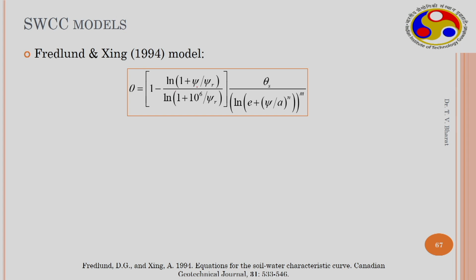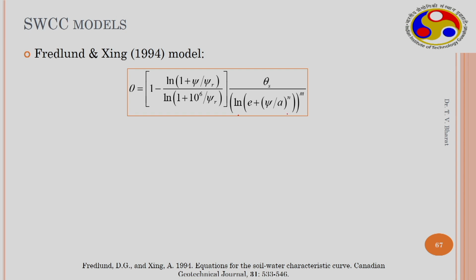So there is another popular model, proposed by Fredlund along with his co-investigator Xing in 1994. In this model the expression is theta equals 1 minus log(1 plus psi by psi r) divided by log(1 plus 10 power 6 by psi r), times theta s divided by [log(e, that is exp of 1, plus (psi by a) power n)] whole power m.